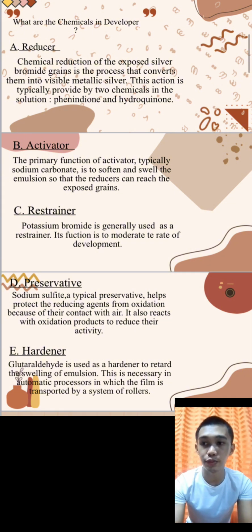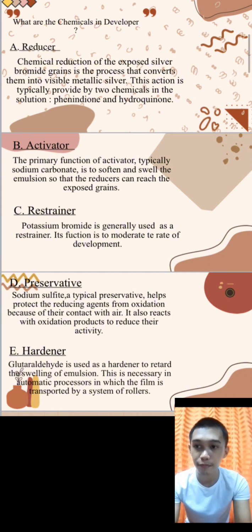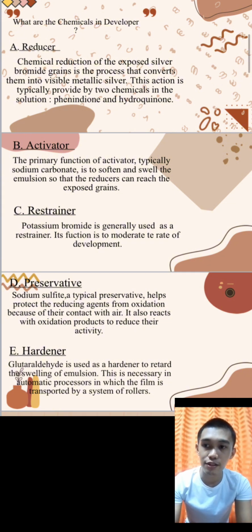Restrainers are used to fine-tune the development of forensic evidence and prevent overdevelopment that might obscure important details. So the restrainer is the one that helps the focus on the camera lens or the photograph.